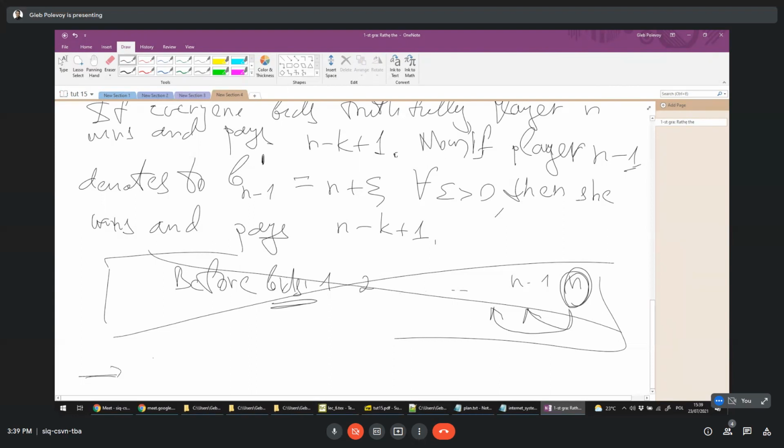Yes. And therefore, the new utility of n minus 1 is equal to her original value, which is the same, n minus 1, minus her payment, n minus k plus 1, and that is k minus 2, right?